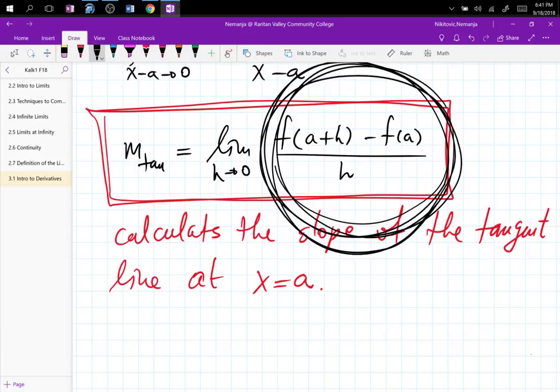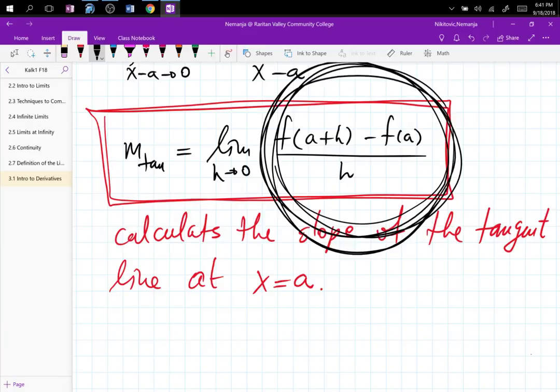This formula is called the difference quotient. You learned this in your pre-Calc 1 class, and you had homework on this, and no one ever told you that it's going to be one of the most important formulas of calculus.